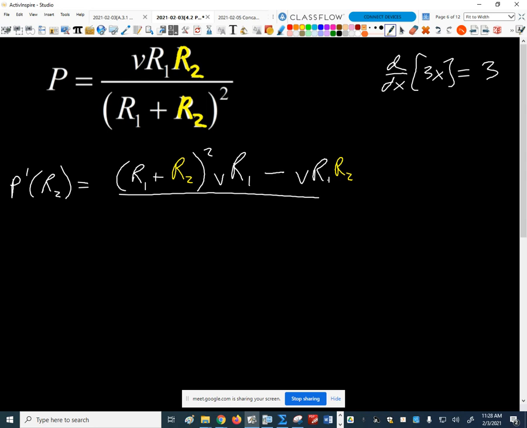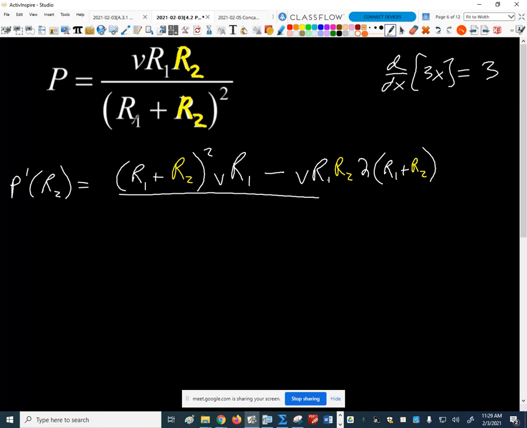So what's that going to look like? What's the derivative of the bottom? So it'd be 2 times, and then just the R1 plus R2 to the 1, right? Times... Wouldn't it just be R1? Well, now we're taking the derivative of what's inside.